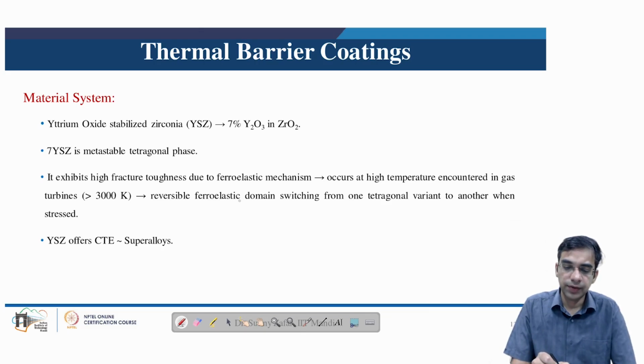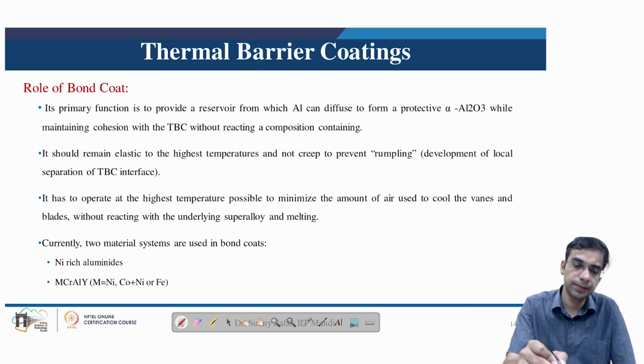This reversible ferroelastic domain switching from one tetragonal variant to another functions once it is stressed. The coefficient of thermal expansion of 7% yttria stabilized zirconia is very similar to that of the nickel based superalloy, which minimizes the strain mismatch because of expansion under high temperature.